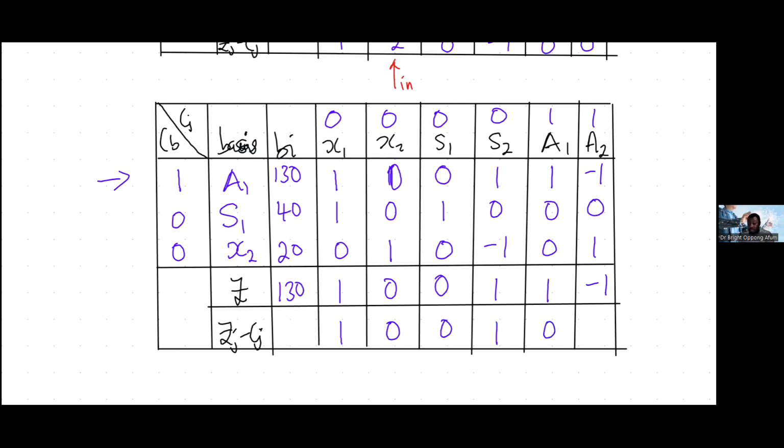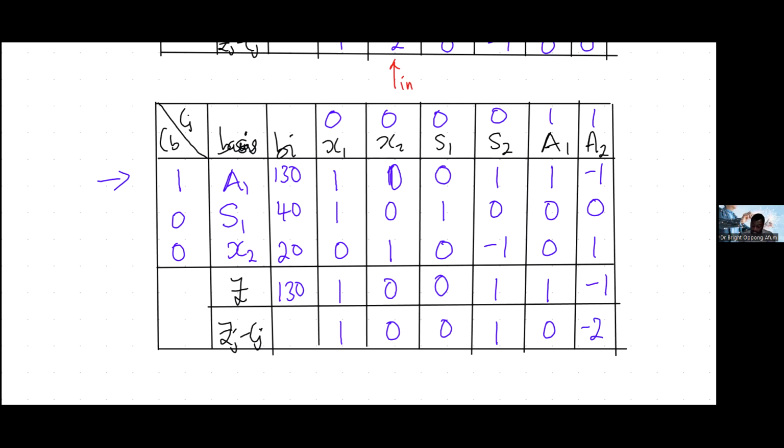A2 is 0. Sorry, the A2 will not be 0. A2 will be -1 minus 1, and that's -2.